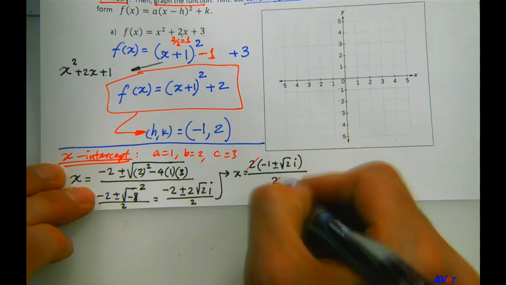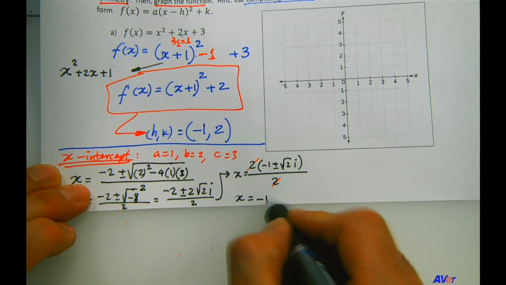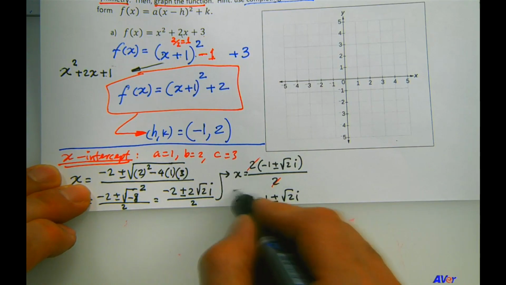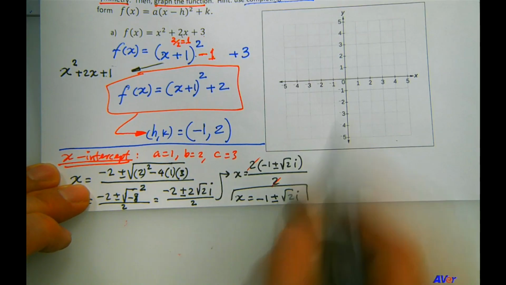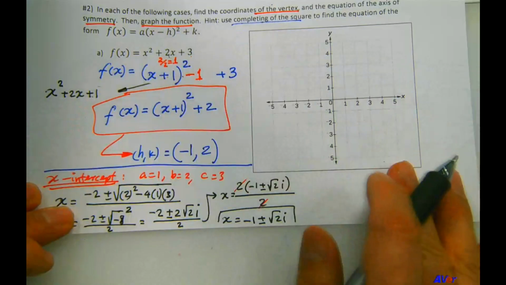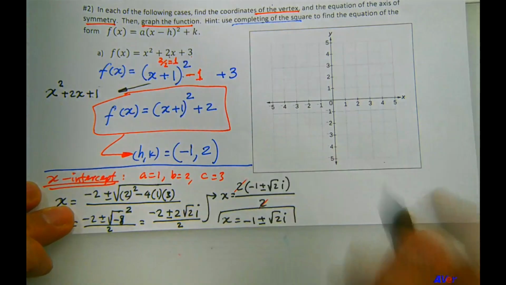So these two cancel out. We get x equals -1 plus or minus square root of 2i. Those are the x-intercepts, but because they're complex, I'm just going to approximate them on the axis, because in this case we're not really interested in graphing complex numbers. In this course, that's not our focus.